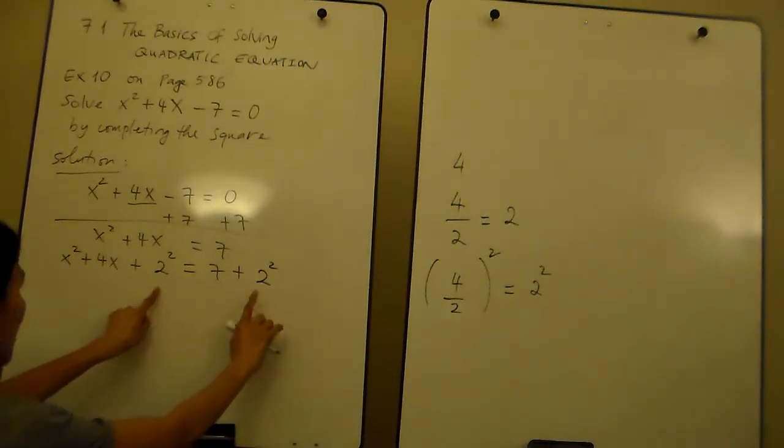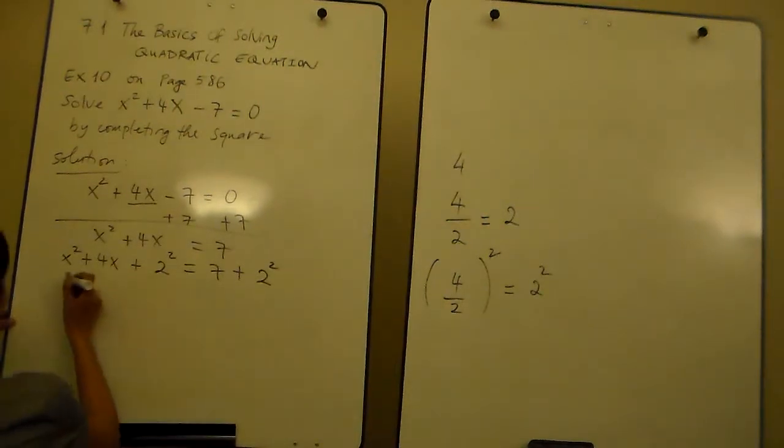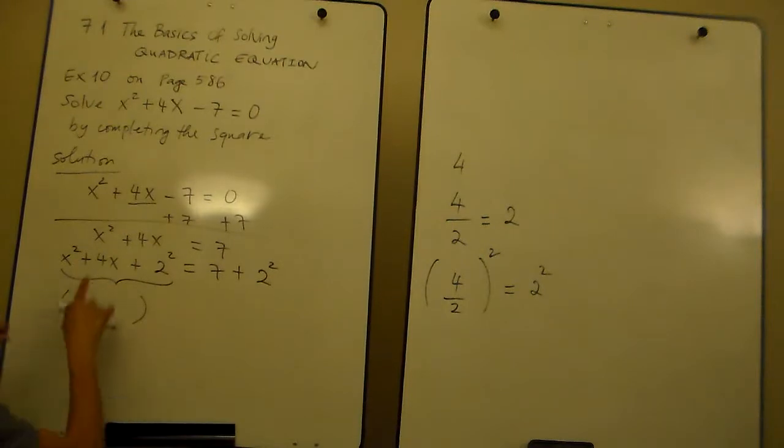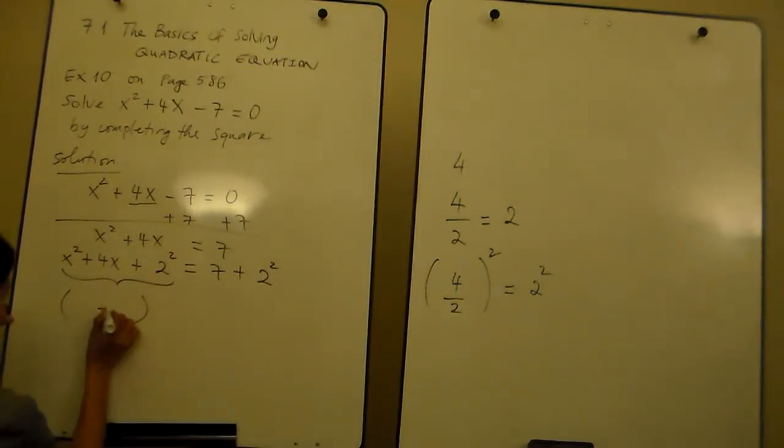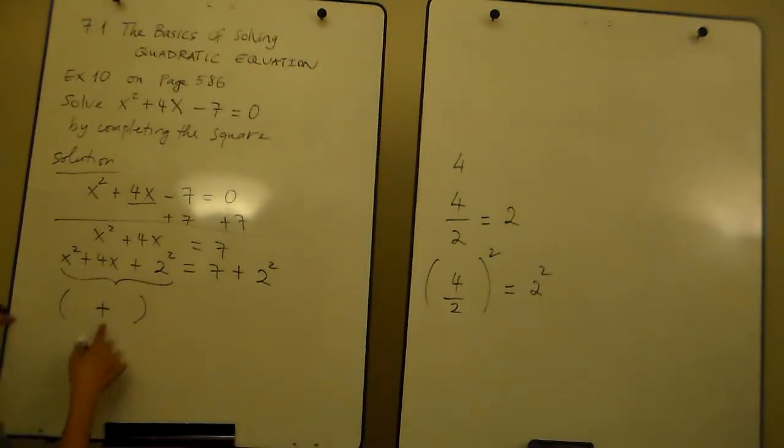I will tell you why it's actually better that way. Alright, once we add 2 squared on both sides, we can actually factor this, because the term 4x right here, the sign is positive. So that means you will have the positive sign because of the term 4x, okay? And then you square it, the outside. The first term is x, which comes from x squared.